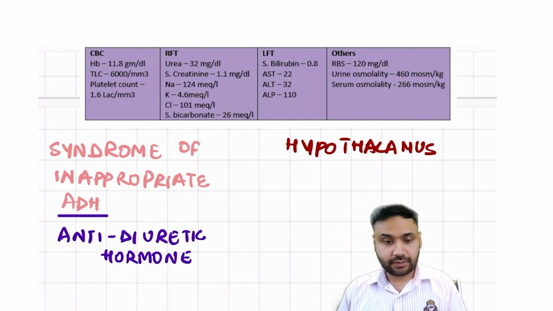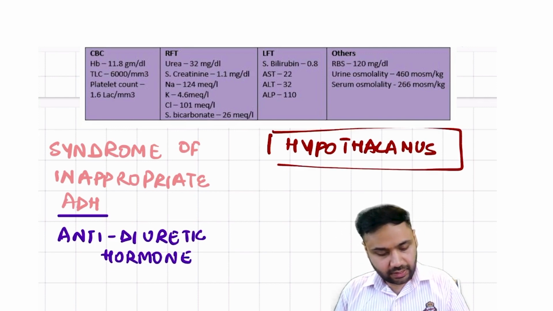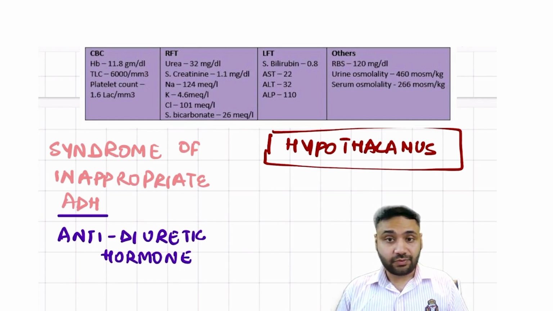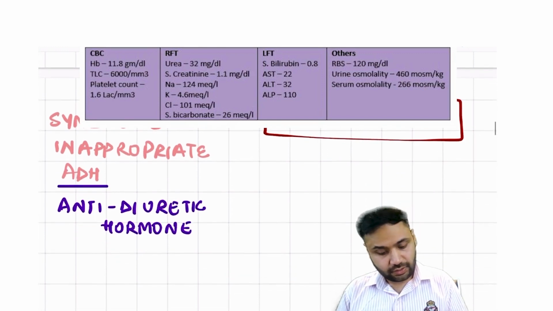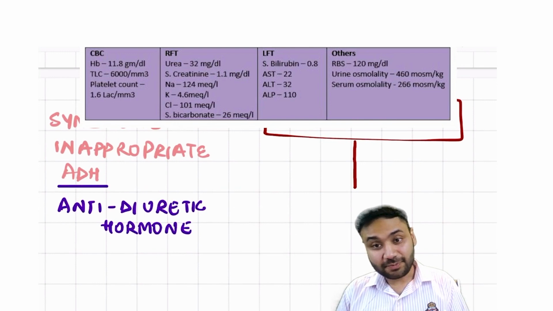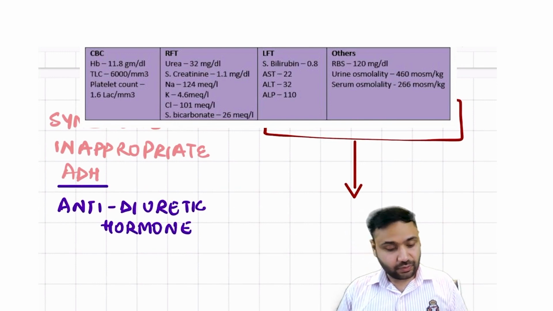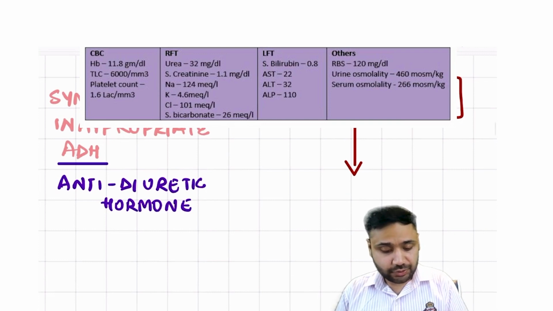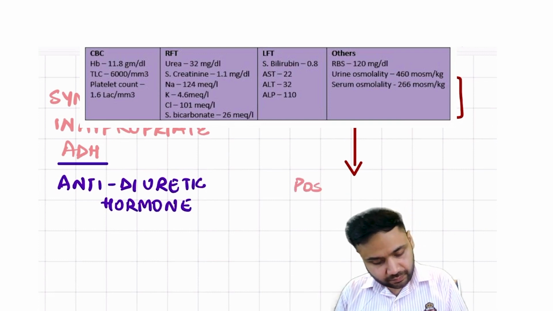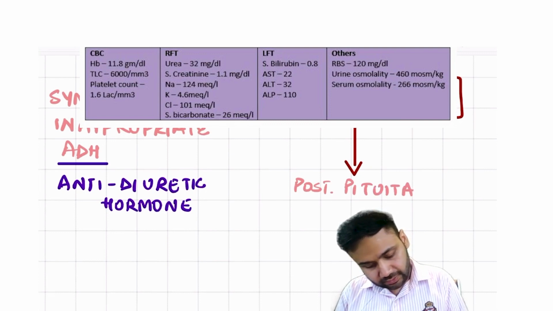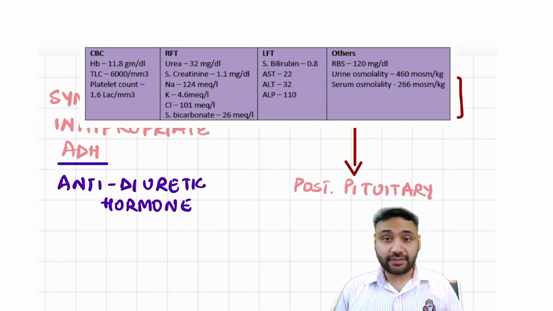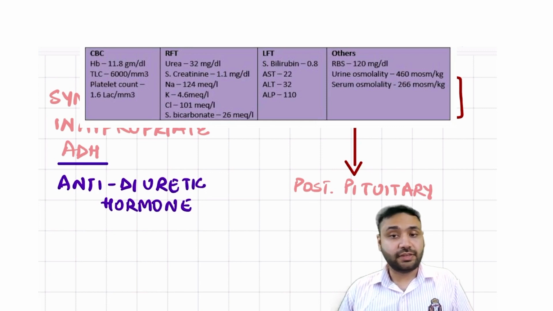Once made there, it is transported to the posterior pituitary. So, the posterior pituitary stores it and releases it whenever needed.